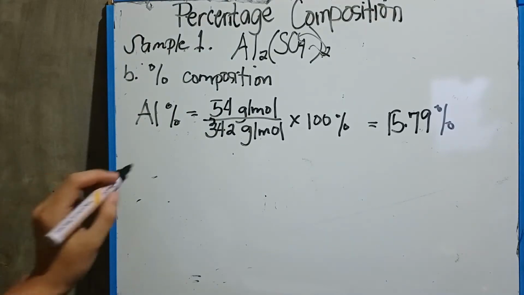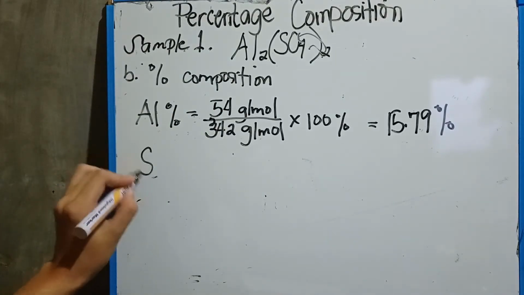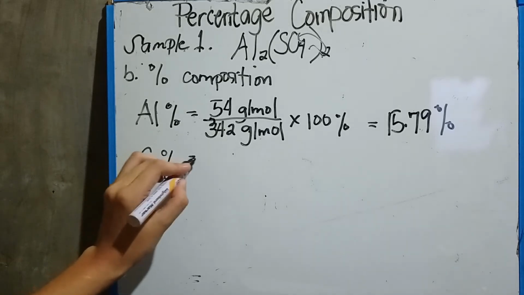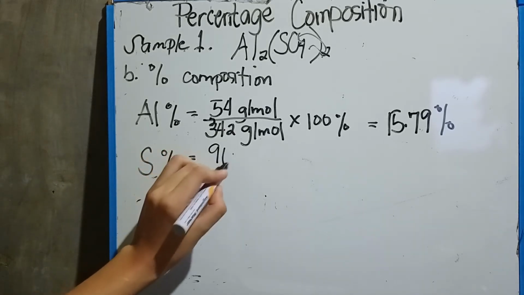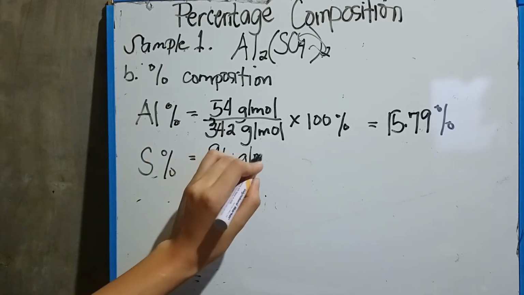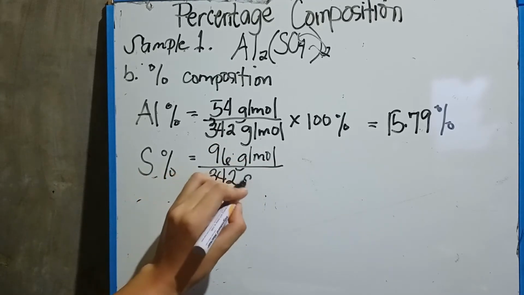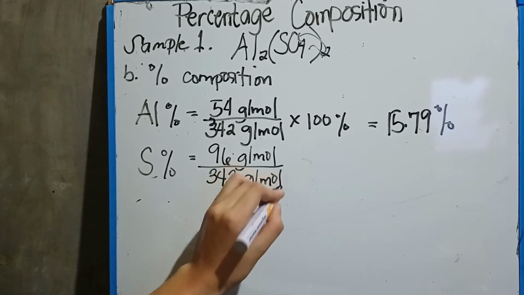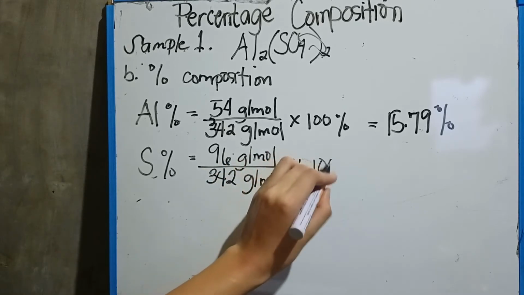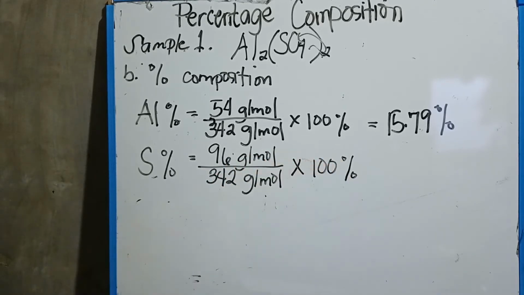Next one is the sulfur. Sulfur is 96 grams per mole over 342 grams per mole multiplied by 100%. It's the same process as the first element. The grams per mole cancel out.